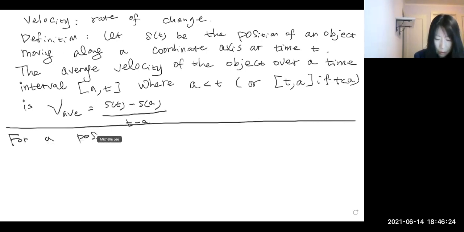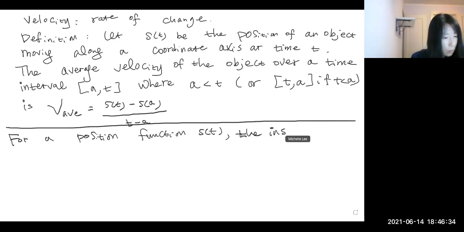Position function. Spell instantaneous velocity.